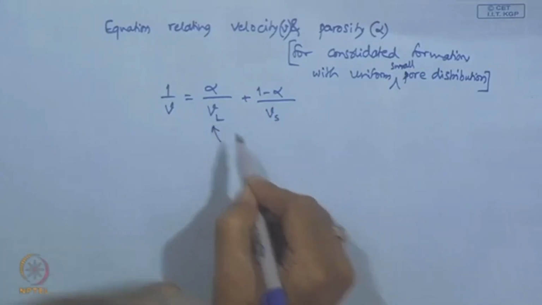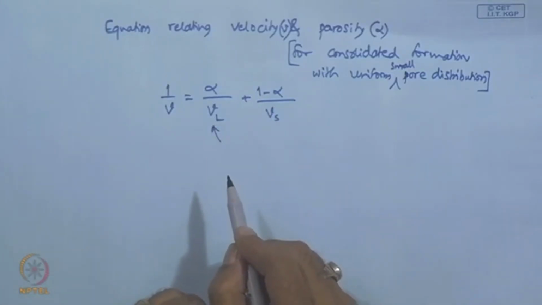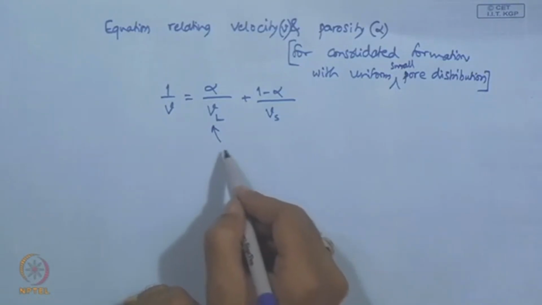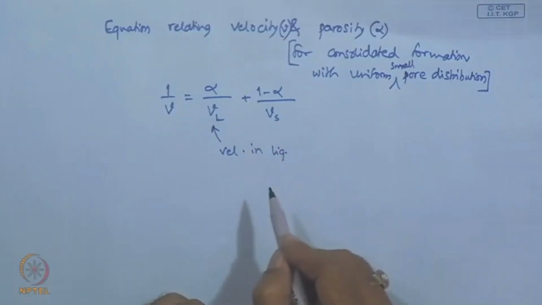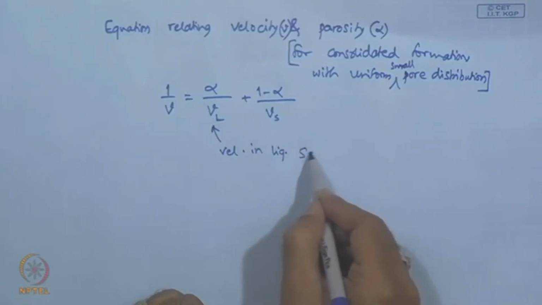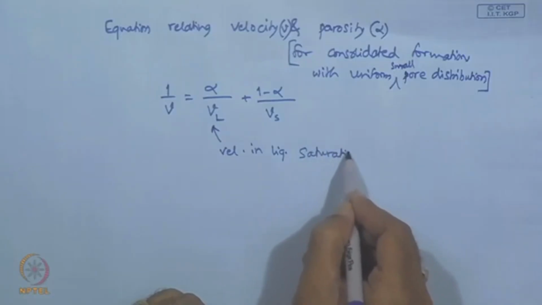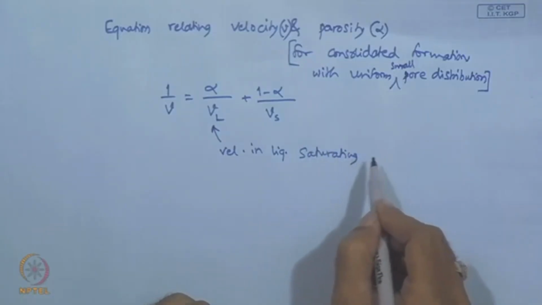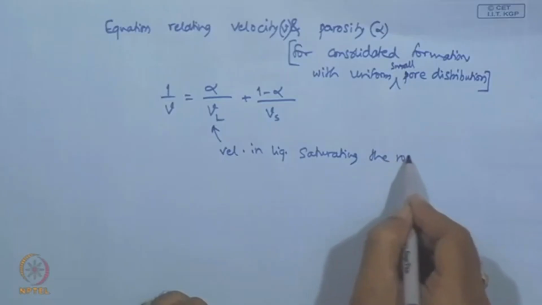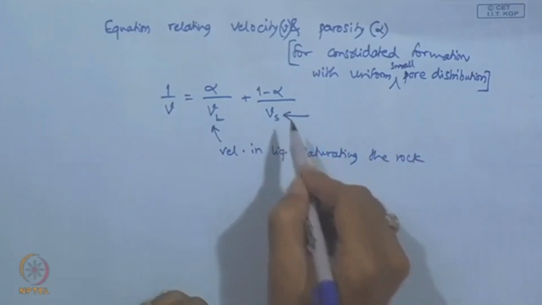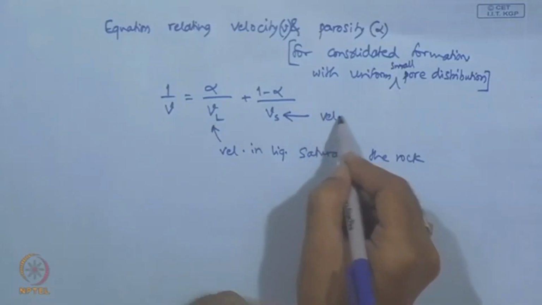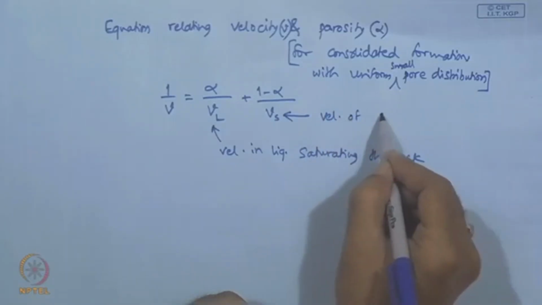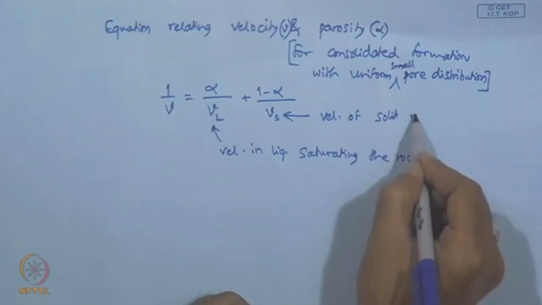Here VL is the velocity in the liquid saturating the rock, and Vs is the velocity of the solid rock matrix.